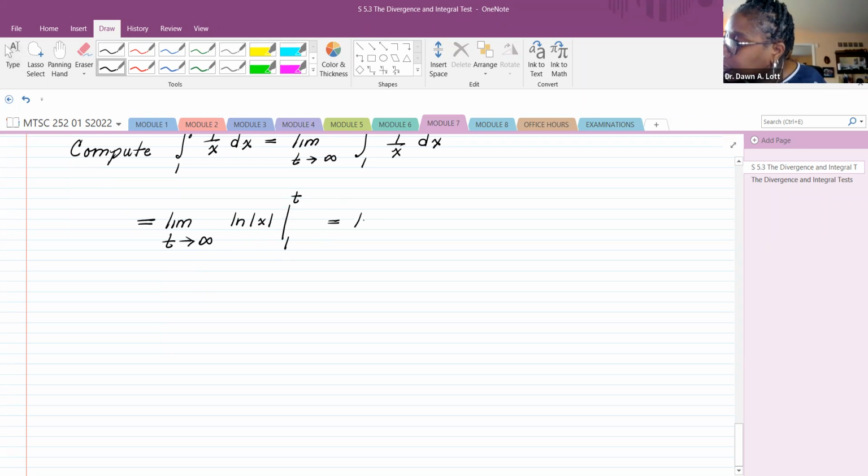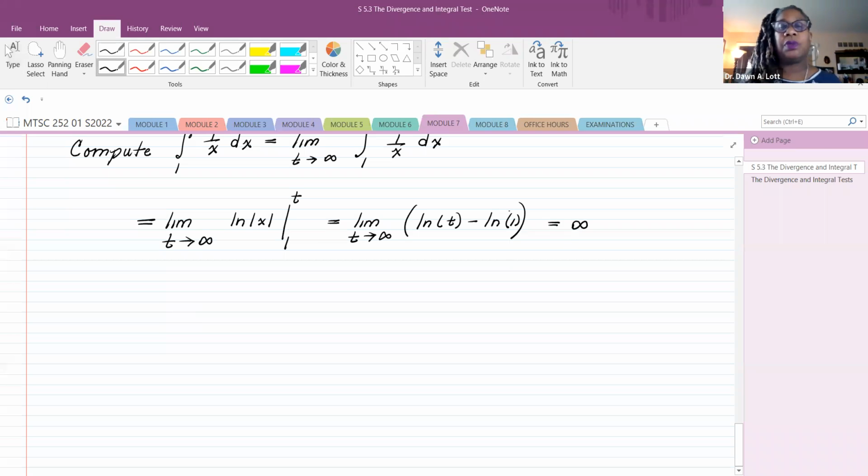So this is the limit as t approaches infinity of the natural log of t minus the natural log of 1. And as t goes to infinity, the natural log goes to infinity. It doesn't matter that we're subtracting off 0, this goes to infinity.